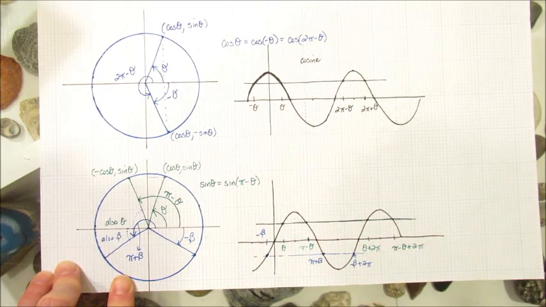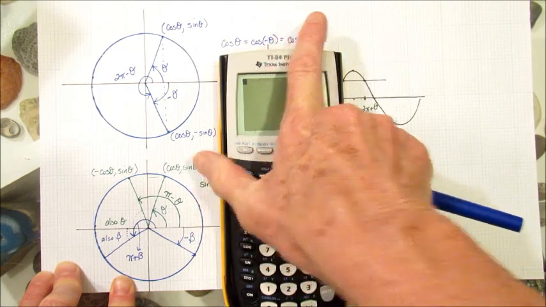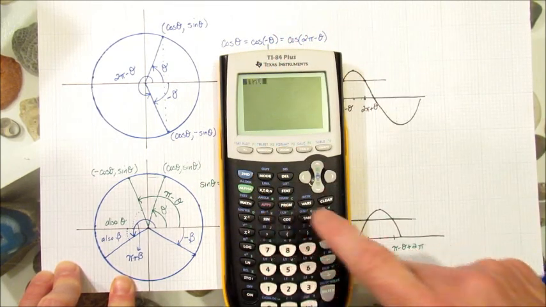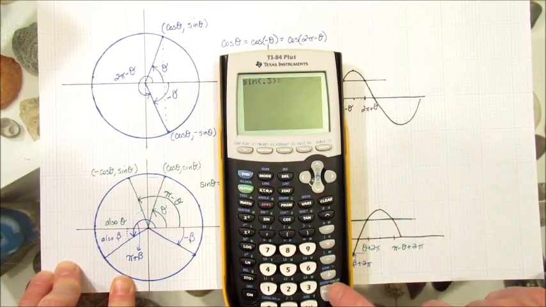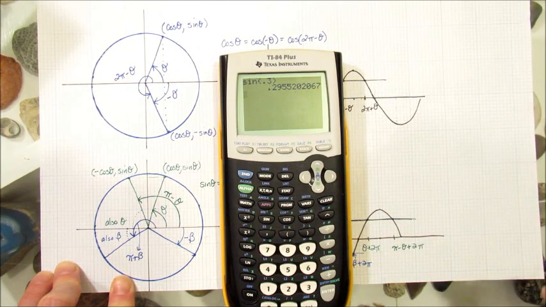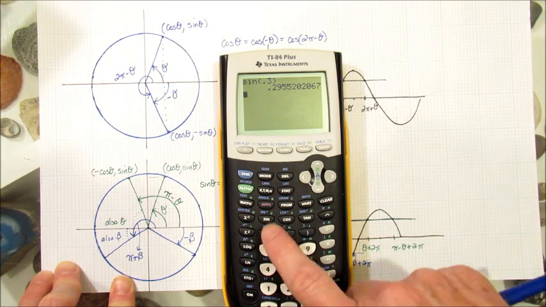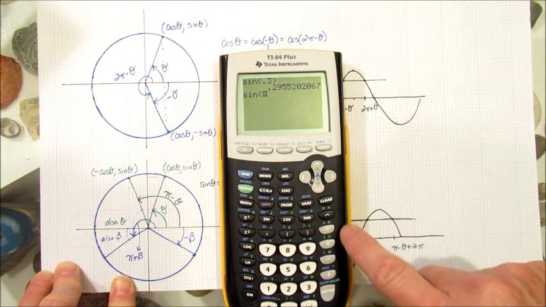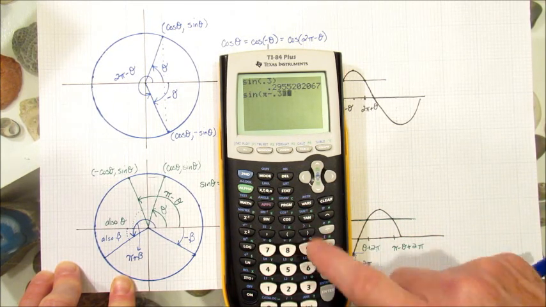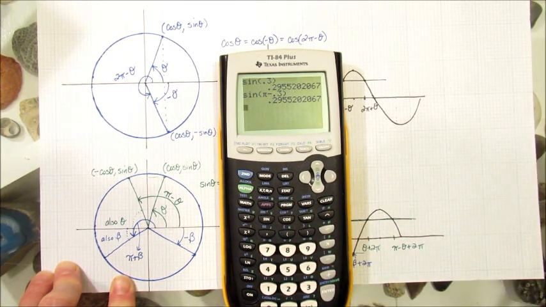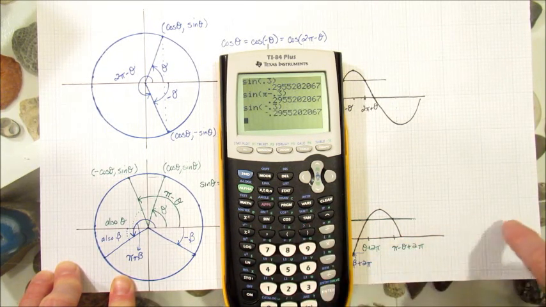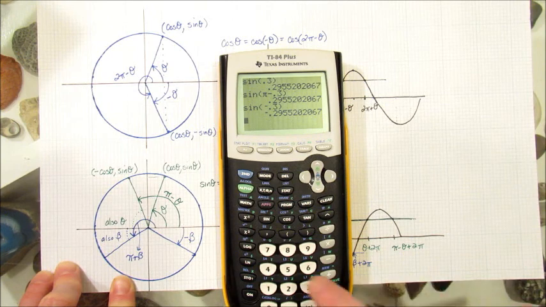So looking at that on the calculator, for an example, if I take sine of 0.3, I get this value, 0.2955. If I take sine of pi minus 0.3, notice I get the same value. If I take sine of negative 0.3, I get negative 0.2955.